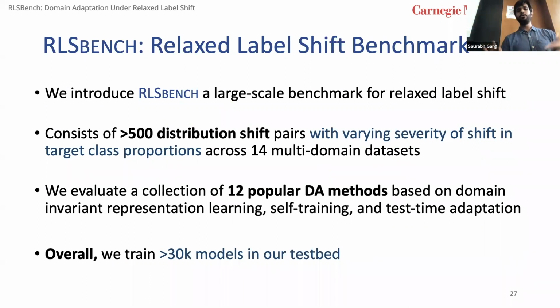By doing that, we get approximately 500 different distribution shift pairs among source and target. We train 12 popular domain adaptation methods, which include methods in domain-invariant representation learning, self-training, and test-time adaptation. So the results that I'll present next are findings from this large-scale study.